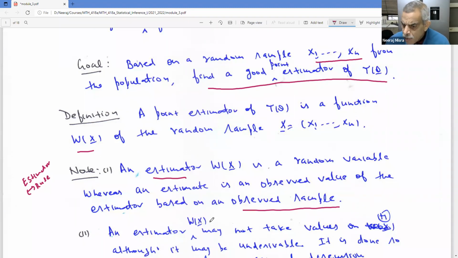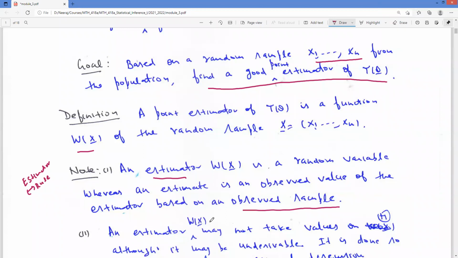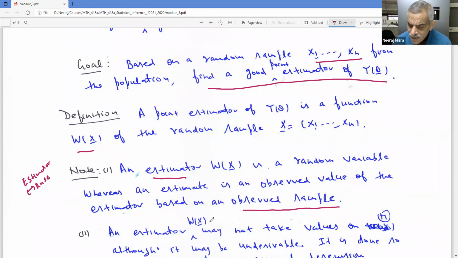Now note that it is important that your rule is predetermined. It should not depend on the data. The rule should not depend on the data. Its value will depend on the data, but as such, the rule should not depend on the data. For example, the sample mean. Sample mean is a rule which tells you that if your data has been observed as x1, x2, ..., xn, you calculate its mean, that means the sum of the observations divided by n.